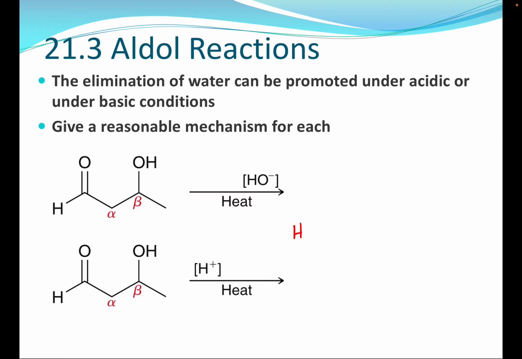So I'm going to draw the product kind of in the middle of those. Your carbon chain doesn't change. Your carbonyl doesn't change, but your alpha and your beta positions will now have a double bond in between them. Mechanistically, how we get there, that is different, but the final products are the same.